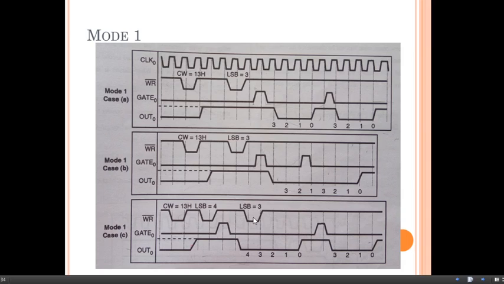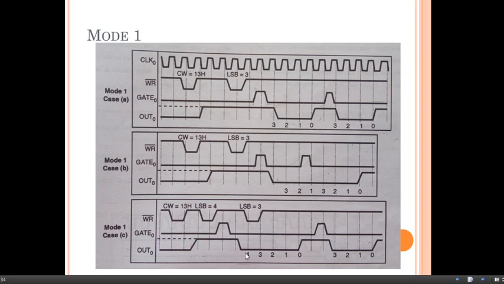But since it is triggered mode, the counter will not consider this value 3 unless and until a new trigger is given by the gate to the counter.